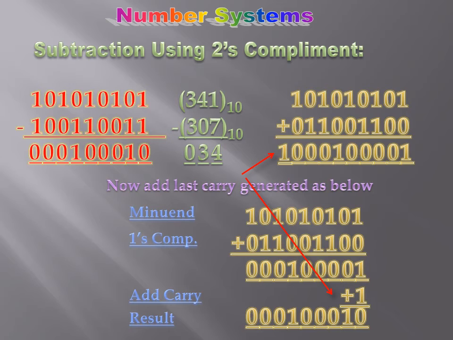So you have added 1 to the 1's complement, or added 1 to this result which was generated through the 1's complement, and we got the result of subtraction. This is now 34.